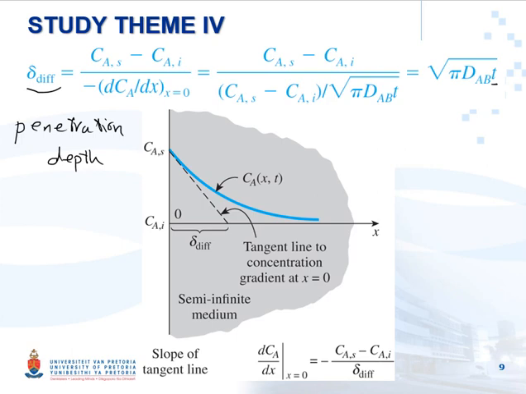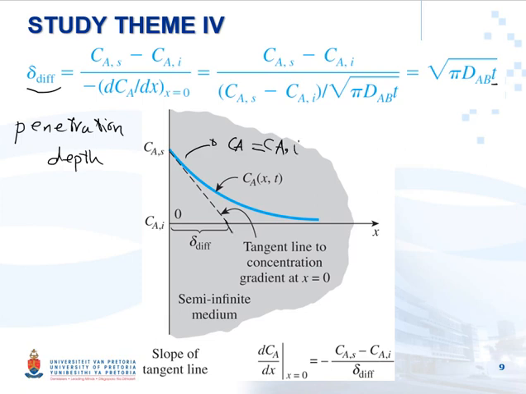It's an important concept in transient mass diffusion. As you can see in the picture, it is defined at the location x. It's the location where the tangent to the concentration profile at the surface intercepts the CA equal to CAI line. So this line is basically CA equal to CAI.